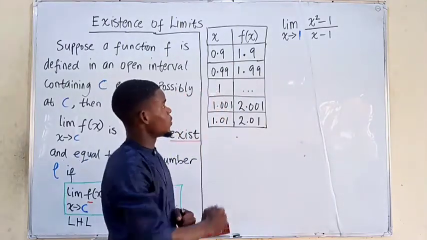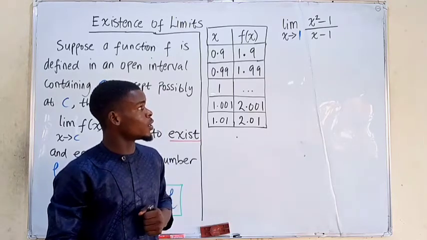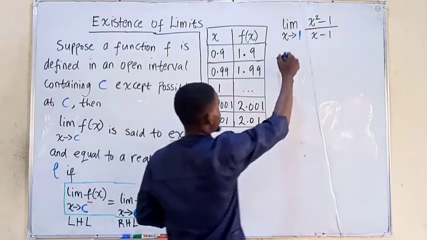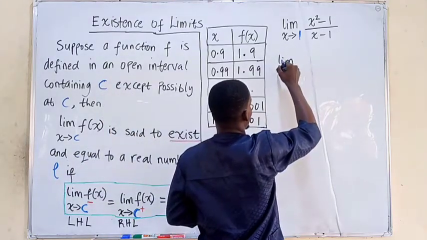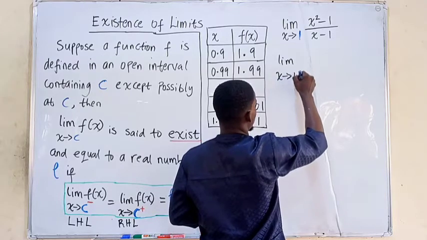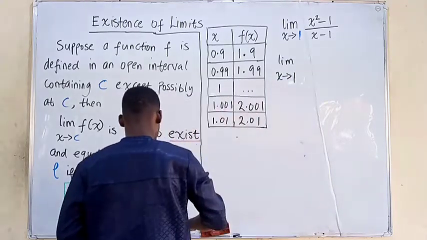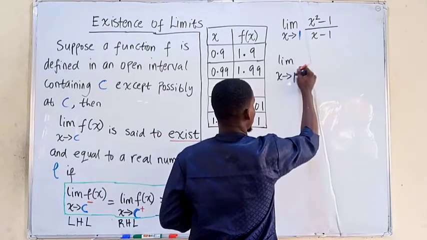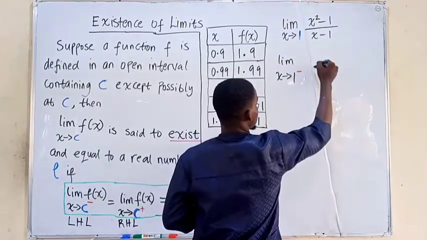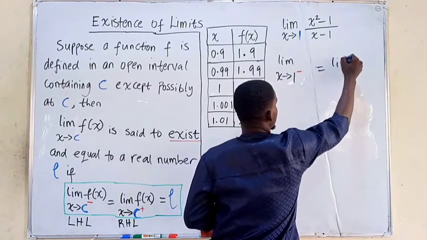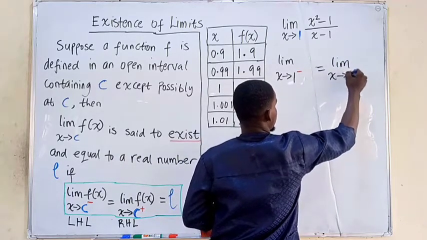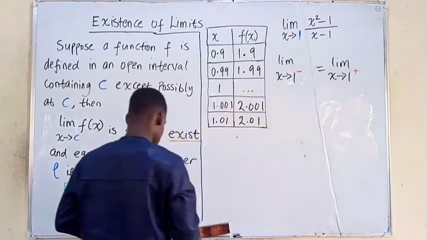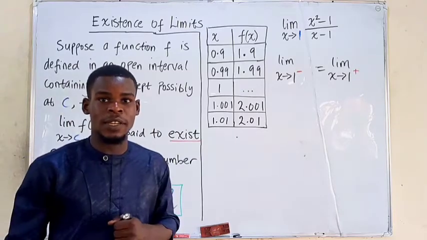Now observe, as we approach 1, to check if this limit exists, we need to look at the left-hand limit, that is the limit of the function as x approaches 1 from the left, to check if it is the same thing as the limit as we approach 1 from the right. So we're going to look at the left-hand limit and the right-hand limit.